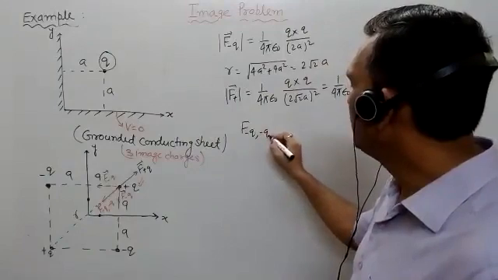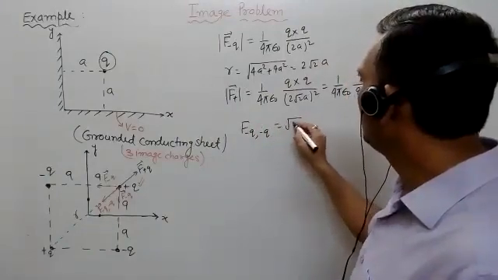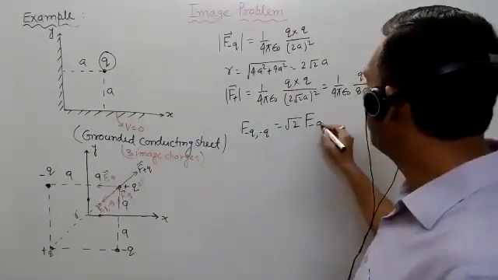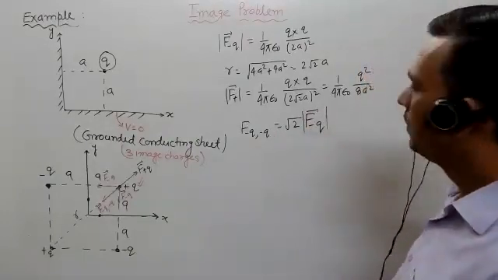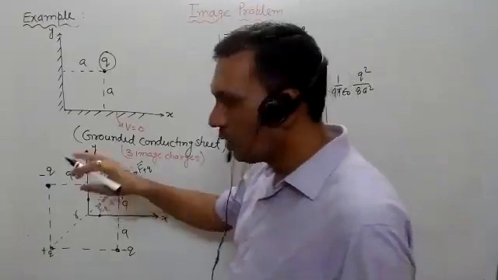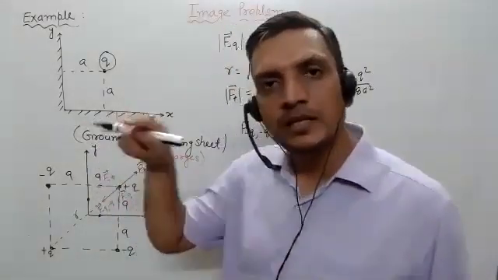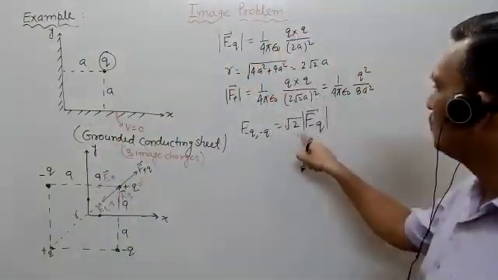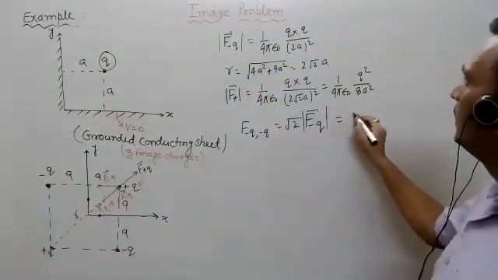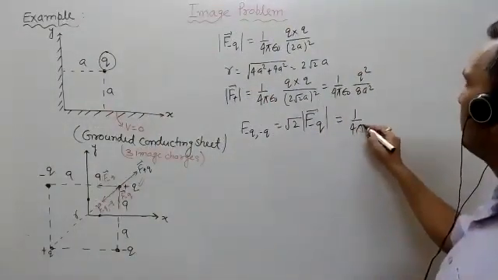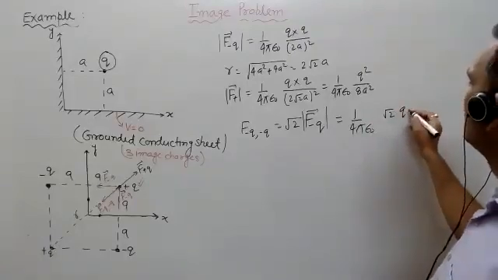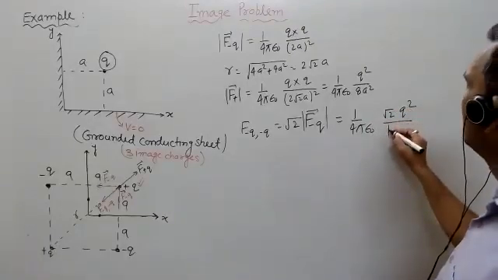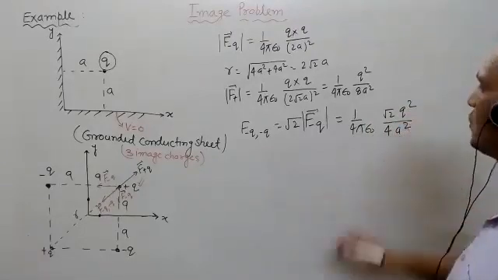That will be root 2 times F minus q, because they are perpendicular, so under root F minus q square plus F minus q square. So that is root 2 of F minus q. So you will get 1 by 4 pi epsilon naught root 2 q square by 4a square.